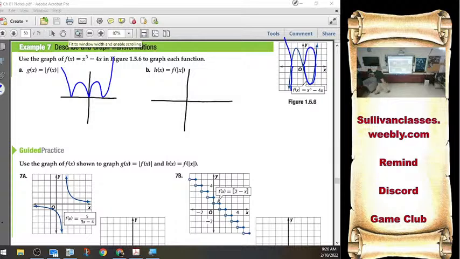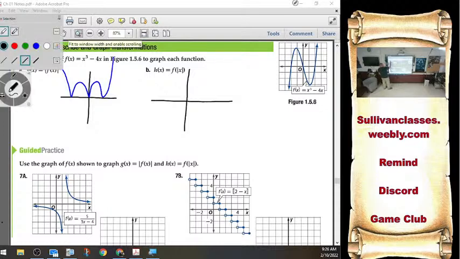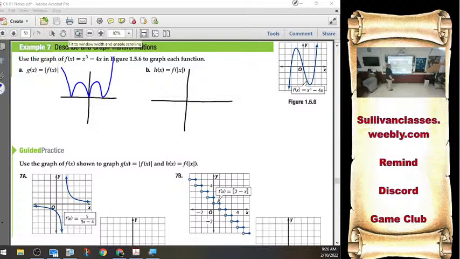Okay. If I absolute value just my inputs, that means everything on the left side no longer happened. The stuff on the right side overrules it.